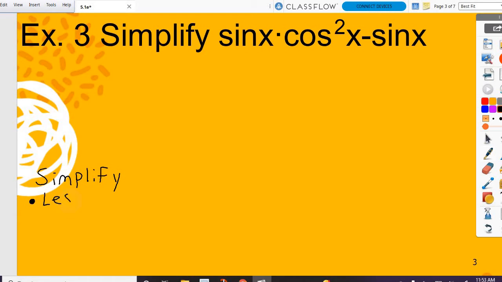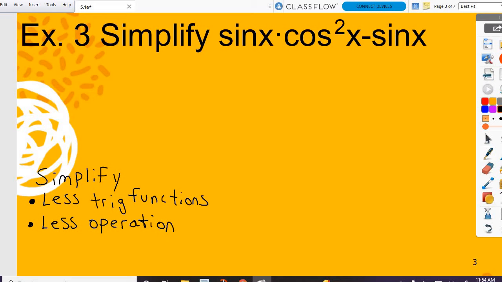We want fewer trig functions, if at all possible, and we want fewer operations. So we're starting out with 2 operations and 3 trig functions. We want to try to get less than that. That's what it means to have simplified.